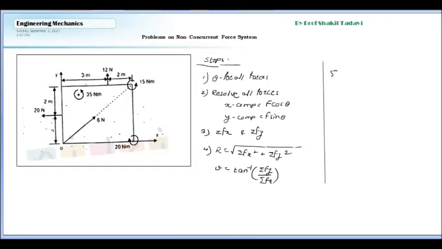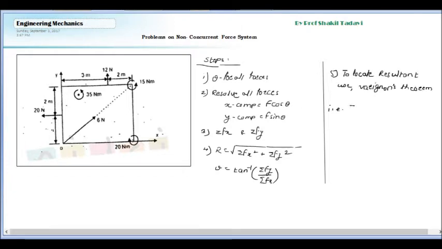And the fifth step is to locate the perpendicular distance, and to locate the resultant we use Varignon's theorem, that is, the sum of all moments about any fixed point is equal to the moment of the resultant, that is R into the perpendicular distance.